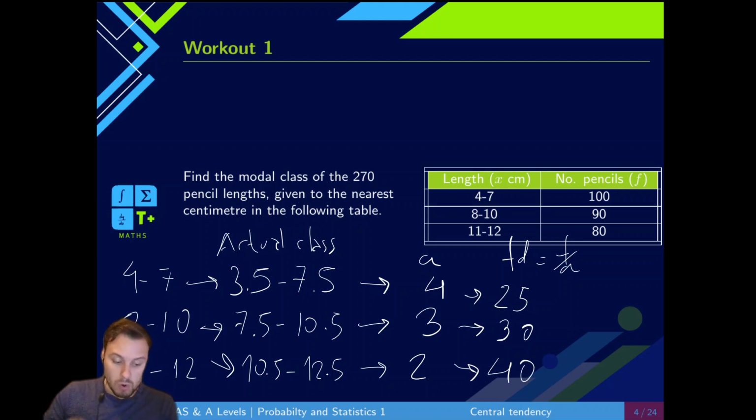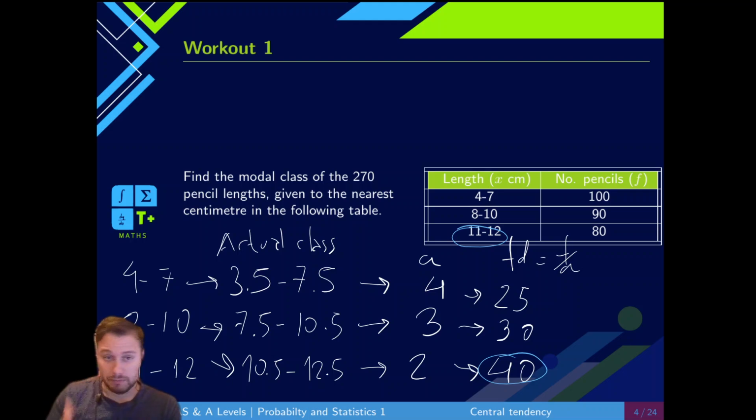So the modal class is the class of 11 to 12. That's the modal class. Why is that? Well, it's because it has the highest frequency density. Although the value for the frequency is the lowest, the frequency density is the highest. That's because it has a shorter amplitude.